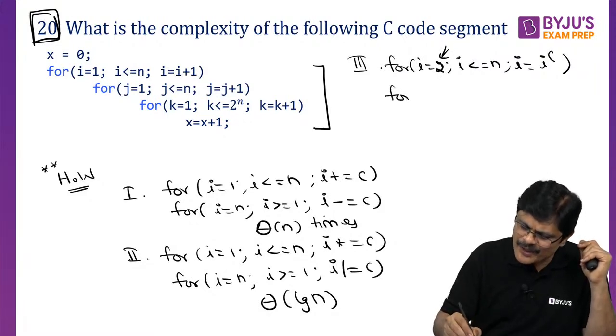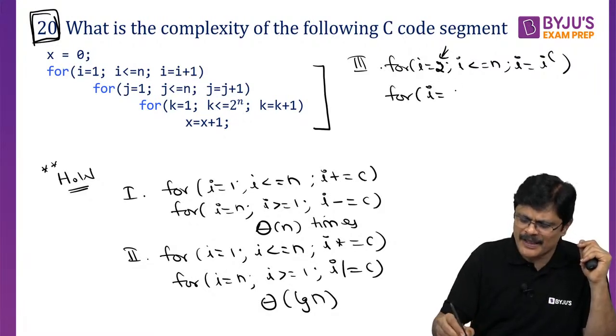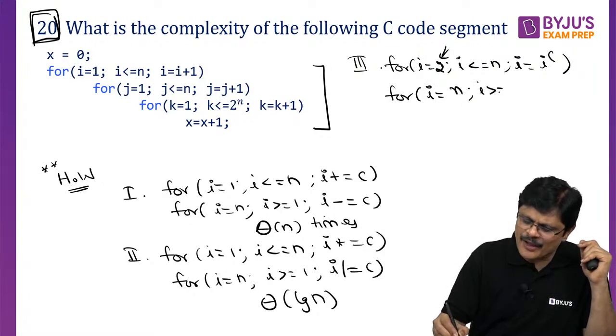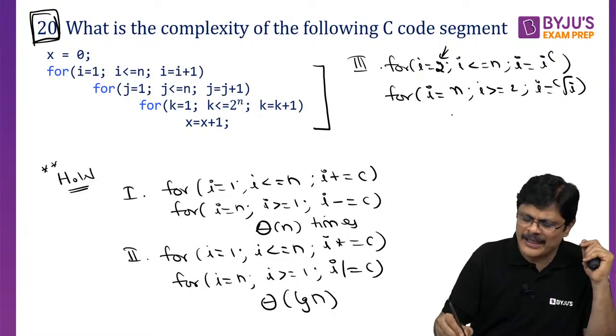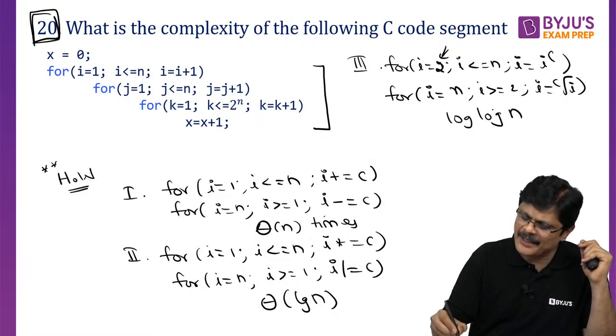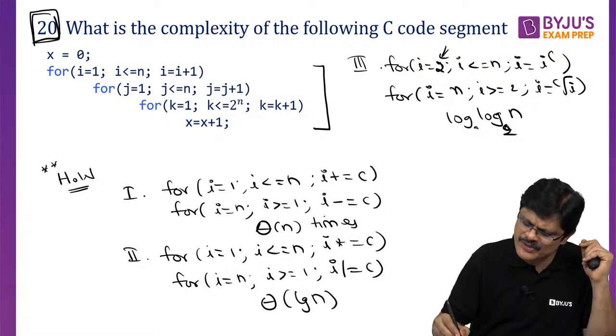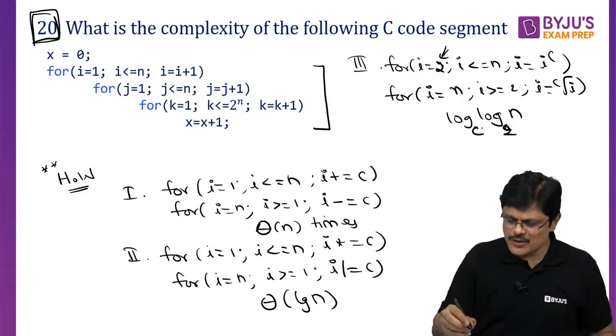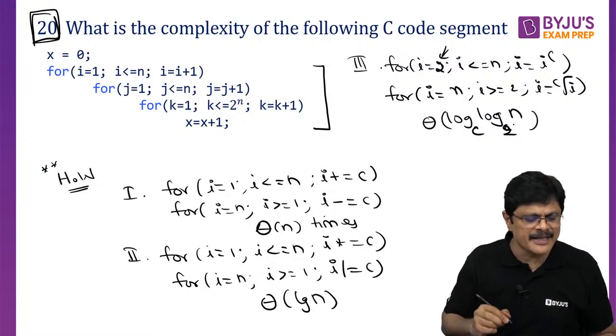Or for i = n, i >= 2, and the c-th root of i, whenever you get, the complexity would be log n. Here it is base c, the first one is base 2, this one is base c. That's it. So these are the rules which I have given, my dear friends.